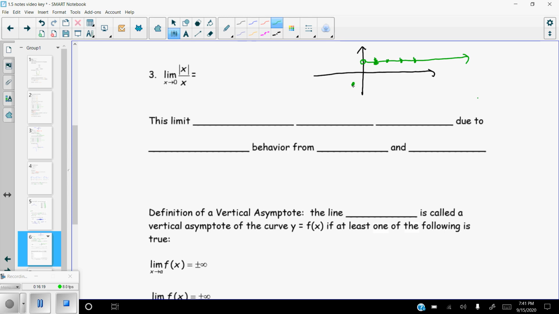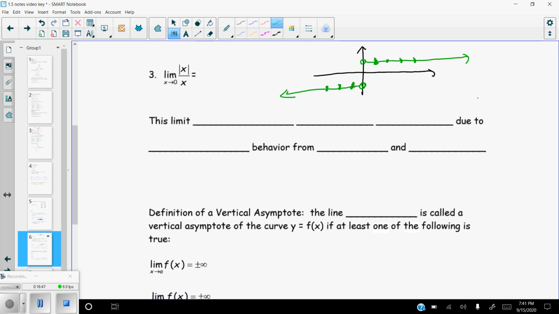If I go to -2, the absolute value of -2 is 2, over -2, which is -1. No matter where I go to the left, the value will always be -1. And once again, I have a hole at 0, so we'll make this thing go off to the left. Man, I'm really bad at hitting my dots today. So there you go. That's what the graph looks like.